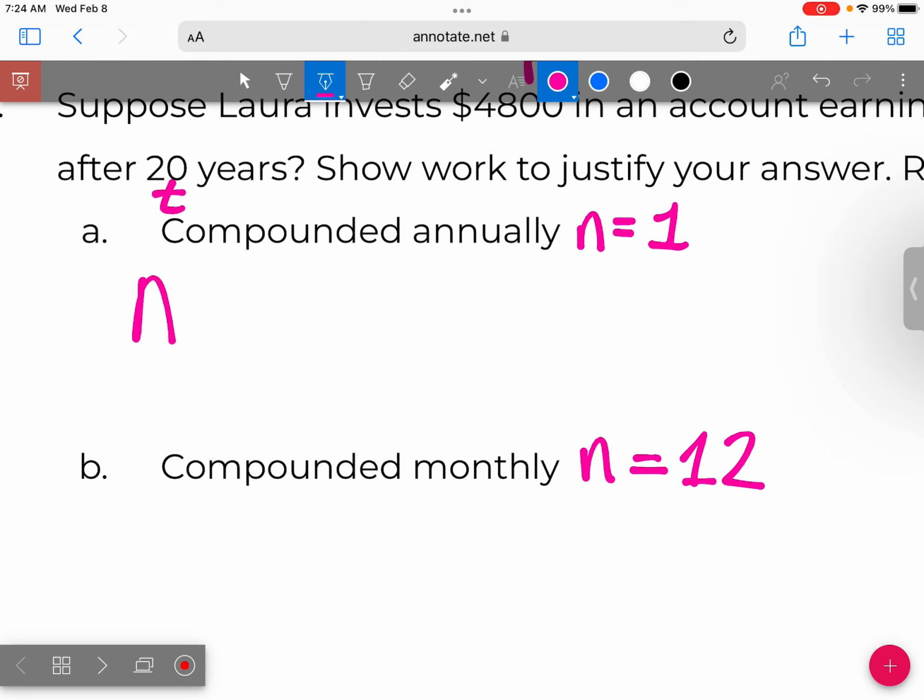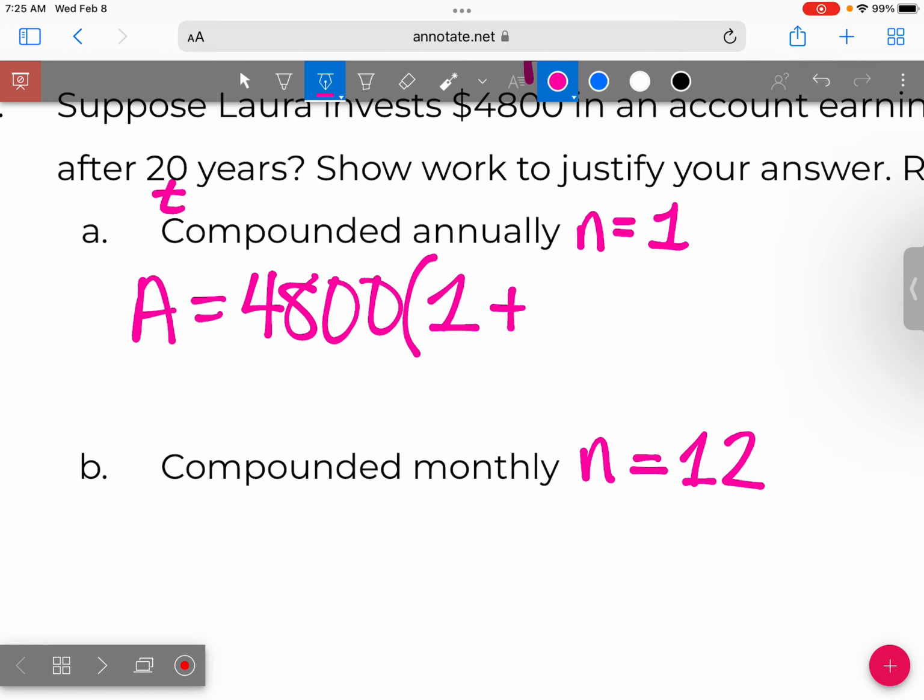So for our first one, we have A equals 4,800 times 1 plus 0.045 over 1, to the exponent of 20 times 1, which is just 20. Okay? So what do you get for A for the first one?